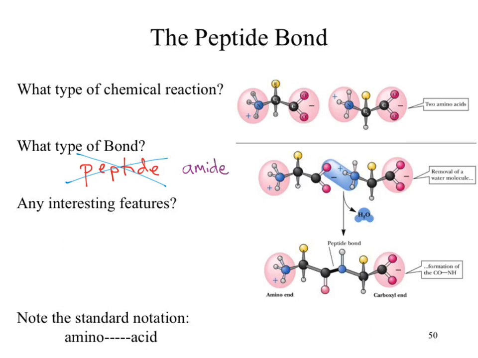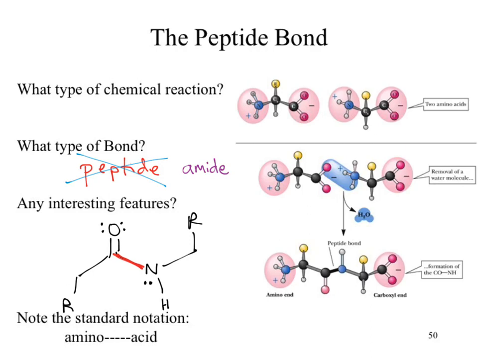Okay. Do we have any kind of interesting features within this bond? So here is where it's helpful to actually look at the structure of your amide bond. So there's an R group out there, an R group out there. And we officially have a hydrogen shown in there. What type of bond did I just make?